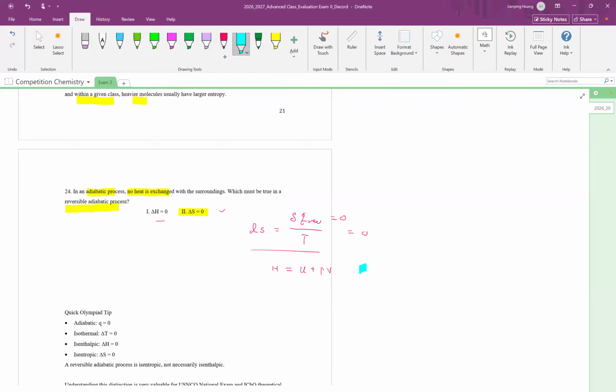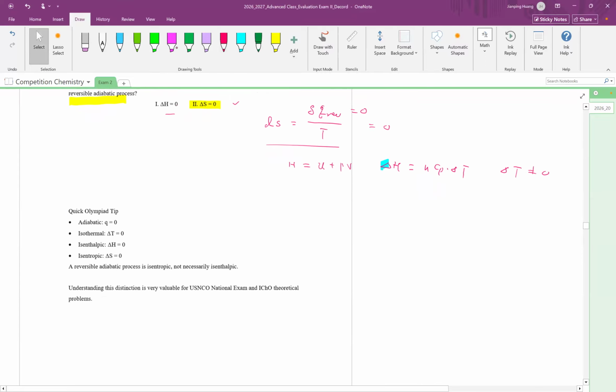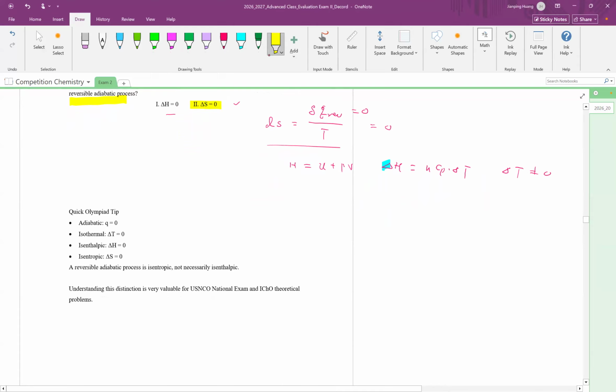And delta H equals what? Equals n Cp delta T. Since delta T generally changes, that does not equal 0. So that one should not equal 0, okay? Now, here is a summary for you: in an adiabatic process, Q equals 0. Isothermal, delta T equals 0.